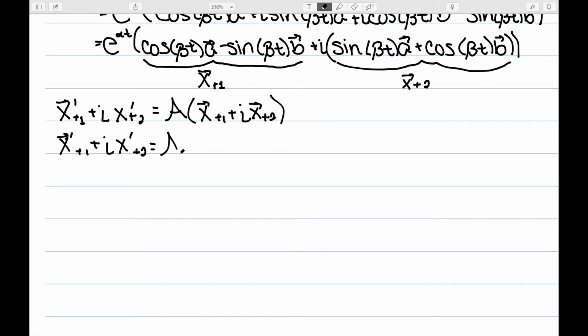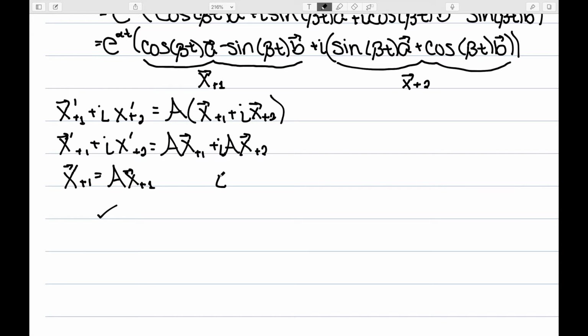The right-hand side becomes A times my first vector plus A i times the second. I can then set the imaginary parts together and the real parts together. So when I do the real parts, I have the derivative of the first equal to A times that first vector. So this is exactly what my differential equation said.